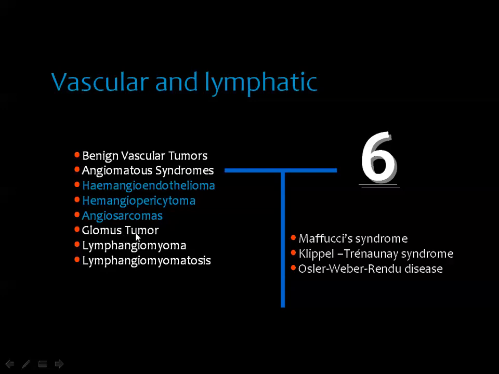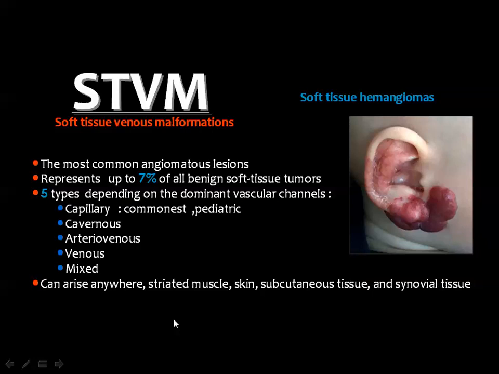Then we have what's known as the glomus tumor, which is totally different from the chemodectomas, the lymphangioma, and the lymphangiomyomatosis. Starting with the hemangioma.